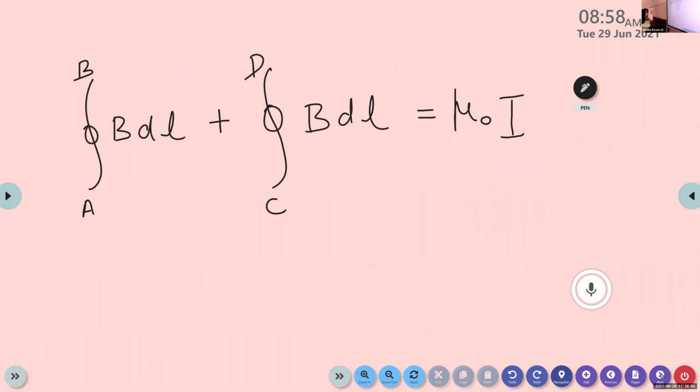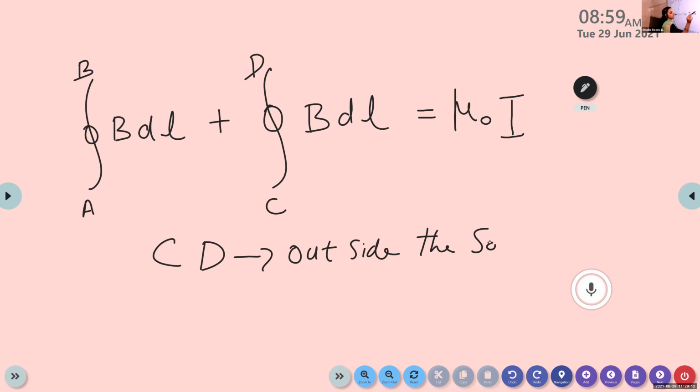So here we get closed integral over A to B B dl plus closed integral over C to D B dl is equal to mu 0 I. But here the side CD is outside the solenoid, so the value of magnetic field B is equal to 0 there.